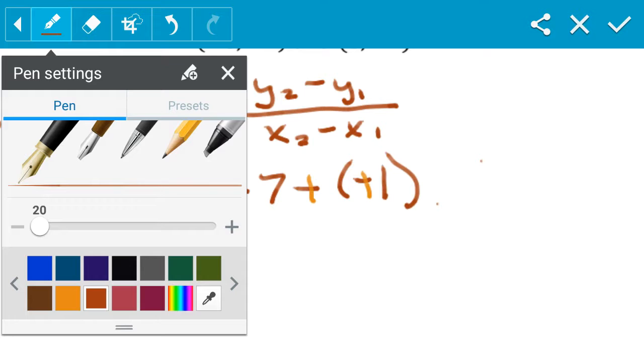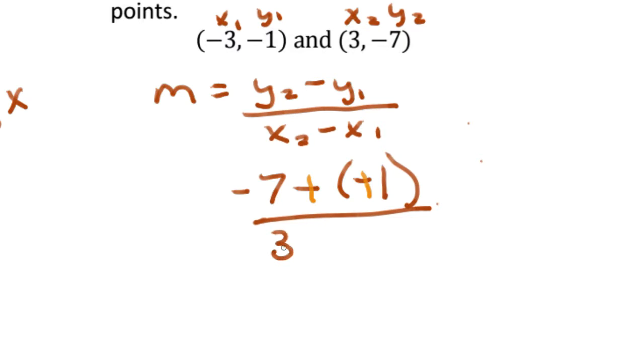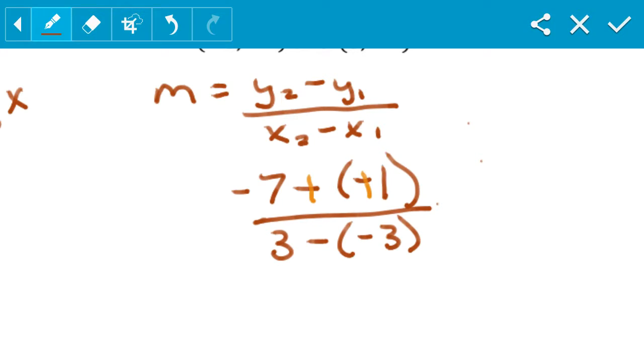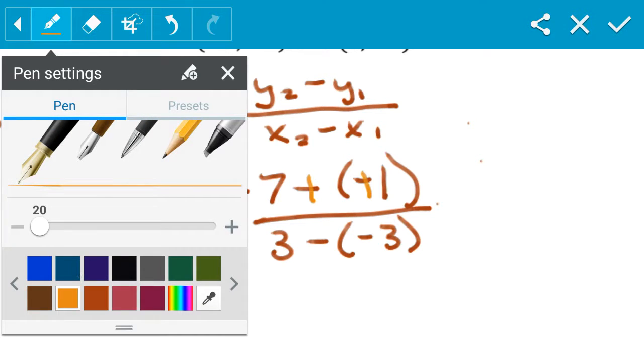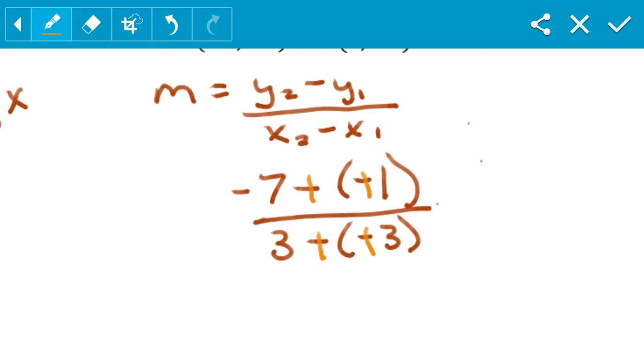So what we have is -7 plus 1 on top. All of that over x2, which is 3, minus x1, which is -3. And again, we have minus a negative is plus a positive, so we just have 3 plus 3.